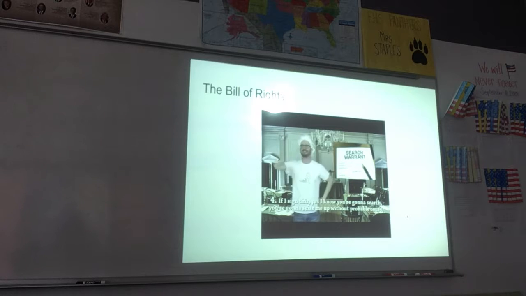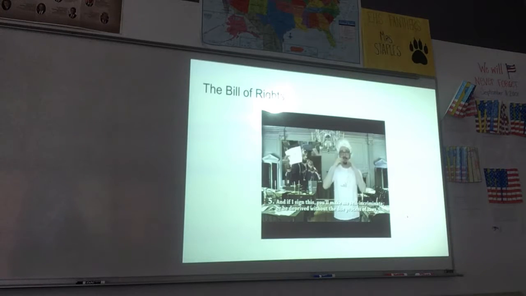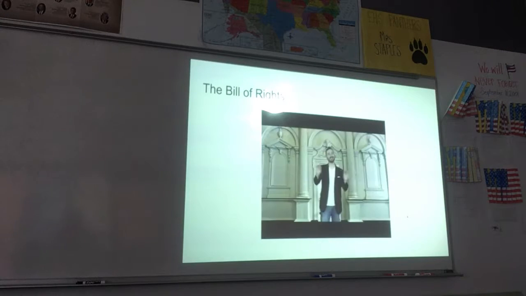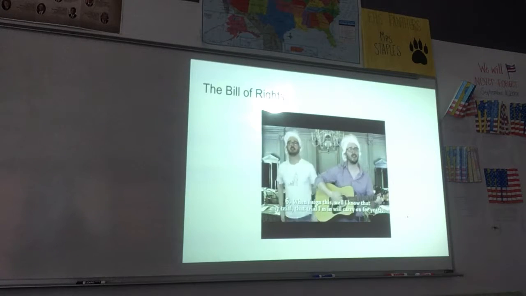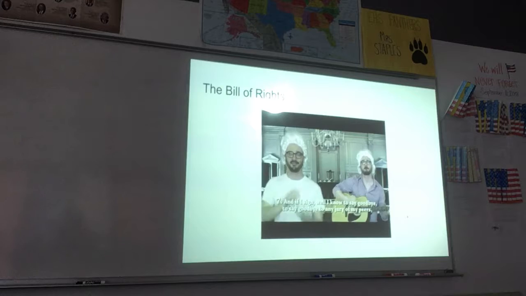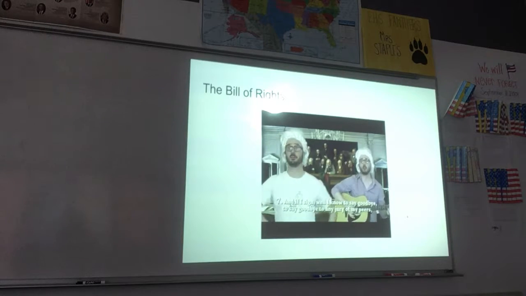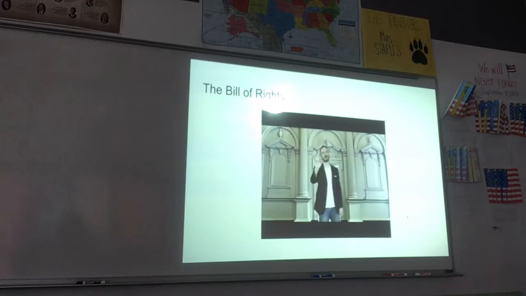If I sign this, yes, I know you're gonna search, you're gonna seize me up without probable cause. And if I sign this, you'll make me self-incriminate or be deprived without the due process of laws. When I sign this, well, I know that any trial I'm in will carry on for years. And if I sign, well, I know to say goodbye to any jury of my peers.